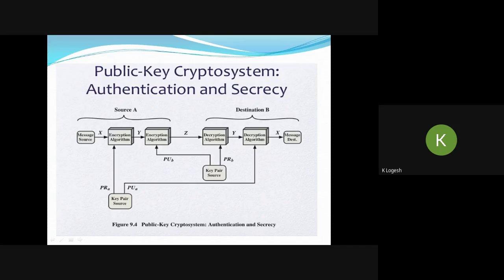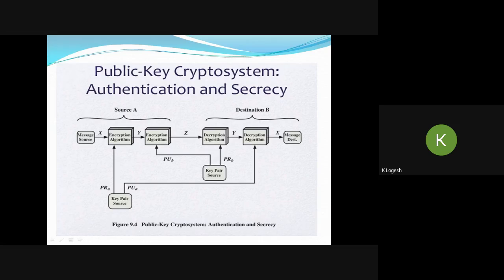So how will it be decrypted again? X equal to decryption using public key of A, and decryption of private key of B with Z. Sorry, not X, it is Z. You can see in the chat box, X is the plain text or the regular message.